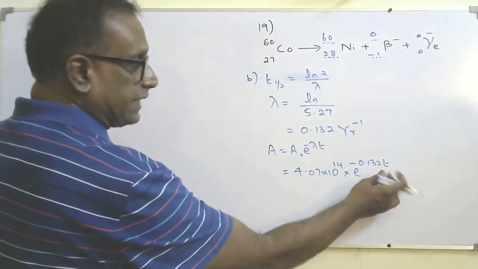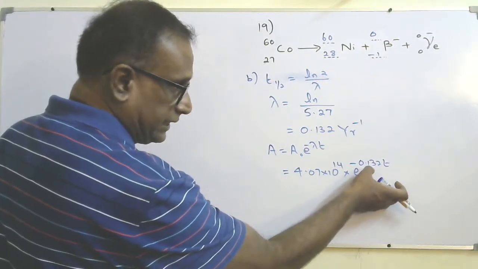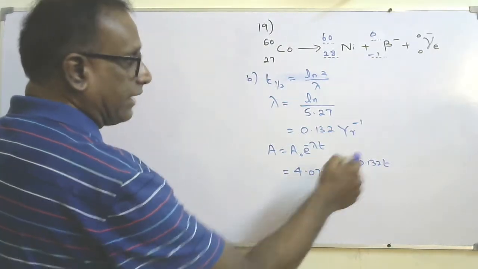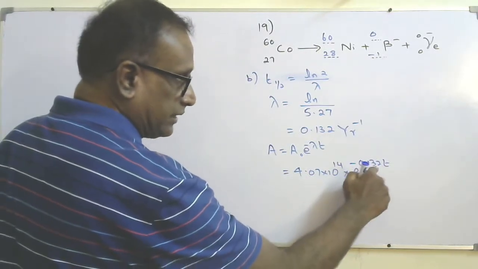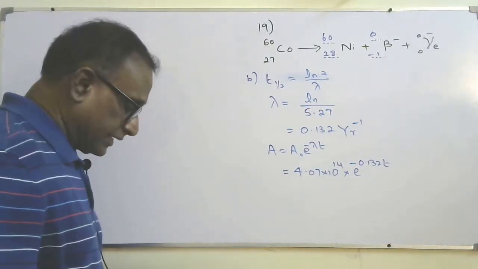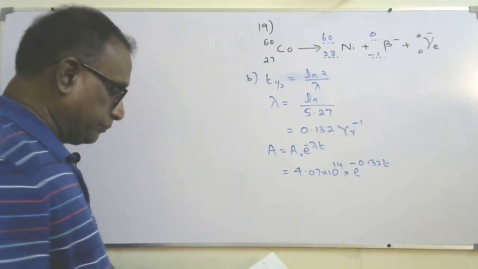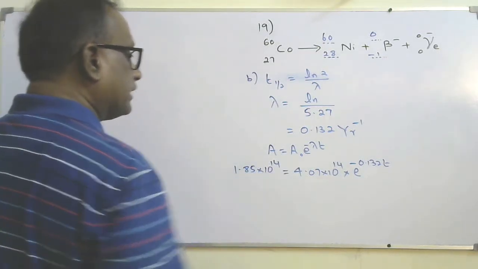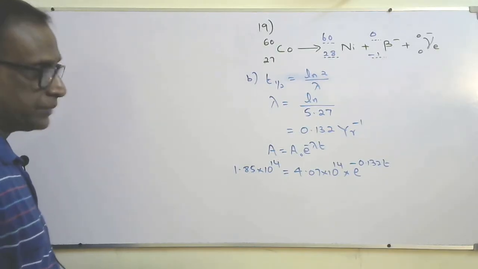So after a certain time, which is in years, because lambda is in per year, this should be in years, right? So when I solve the equation, I'll get the answer in years because lambda is written in per year. So the final activity becomes 1.85 × 10^14. So that's all physics. Now we need to use maths, simple maths.